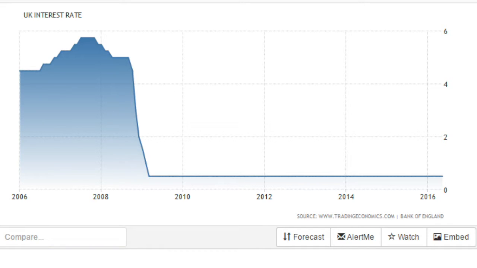It's an extraordinary period of time, isn't it? We'll look back in history at this period of interest rates either being close to zero or even negative, as in Japan and Switzerland. So it's actually costing you money to have investments with a Japanese or Swiss bank at the moment.